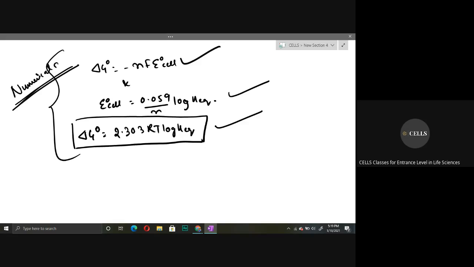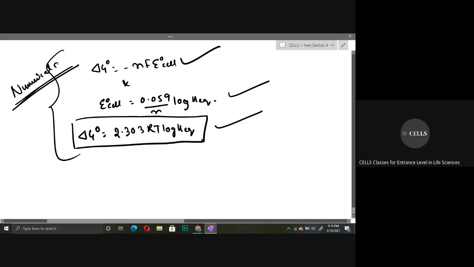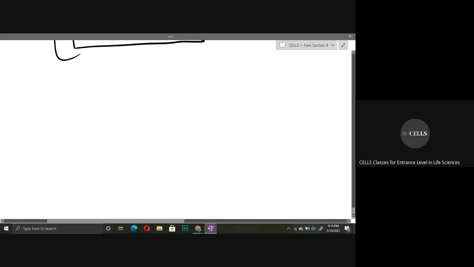Okay. Now you just understand another last concept, then we'll move on to the numericals. See this very carefully: if a reduction potential value is more, it means it will be reduced, it will be self reduced.